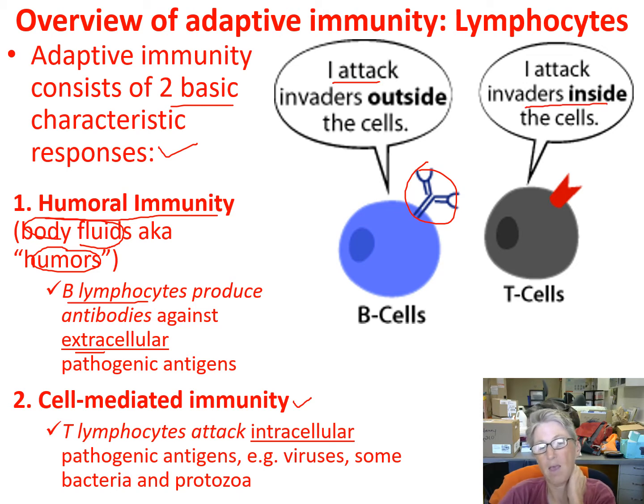So let's say one of your cells in your body was infected with a pathogenic antigen on a bacteria. Now that bacteria with its pathogenic antigen is inside a cell. T cells can find that, which is pretty cool. We'll talk about that in detail when we talk about how T cells find foreign invaders that are hiding inside your cells.